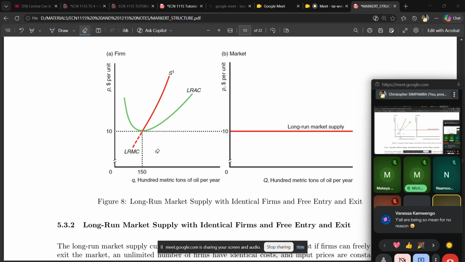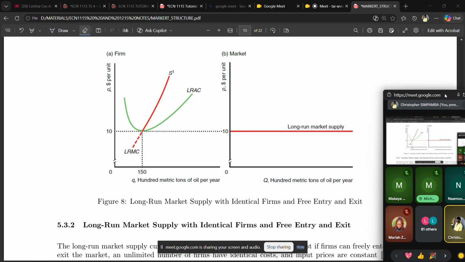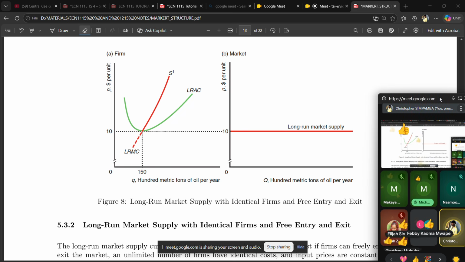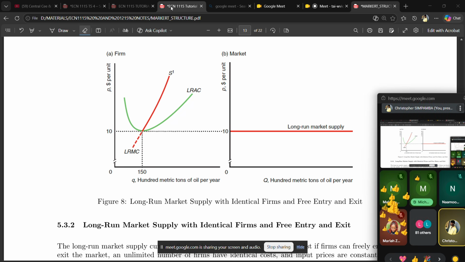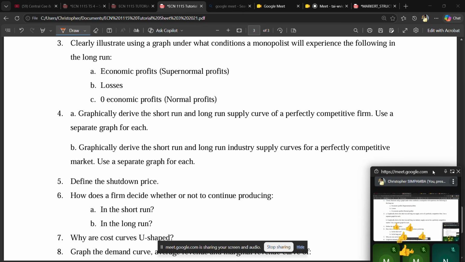So I understand you, Makaya. Are we okay with what she has explained? Perfect. So don't mostly blame me. I just don't like wasting time on things that I feel like you people understand.